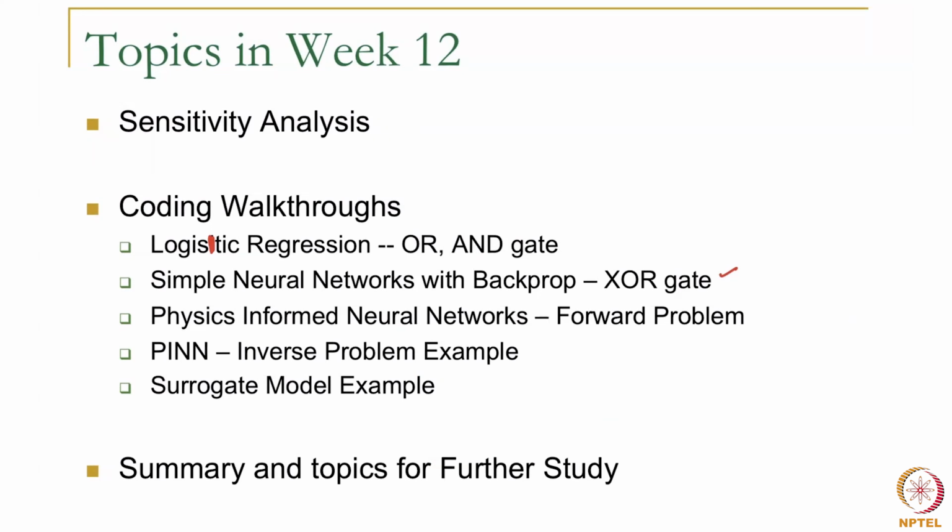Finally, we will end with a summary and topics for further study. There are, as I said earlier, this is just a very, very barely introductory course for the huge topic of inverse methods. So there are several topics of further study, and I'll just discuss what those topics are in the final video for this course.